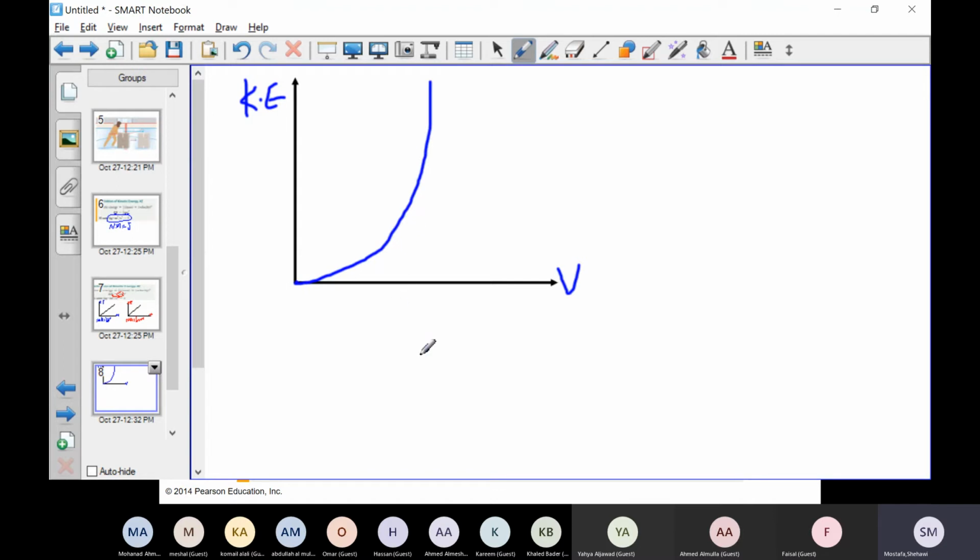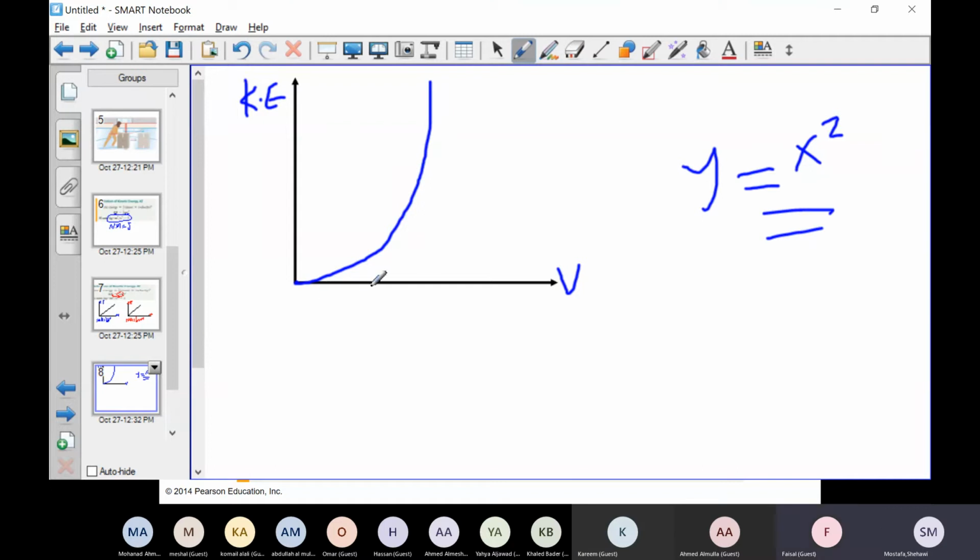You take something like this in math? When I said y equals x square. Yes. Something like this. Okay, guys? So that would be the relationship.